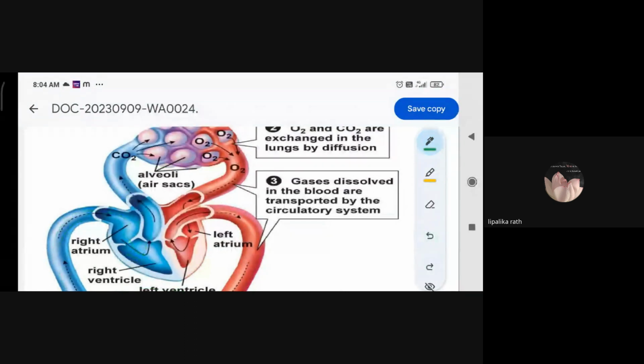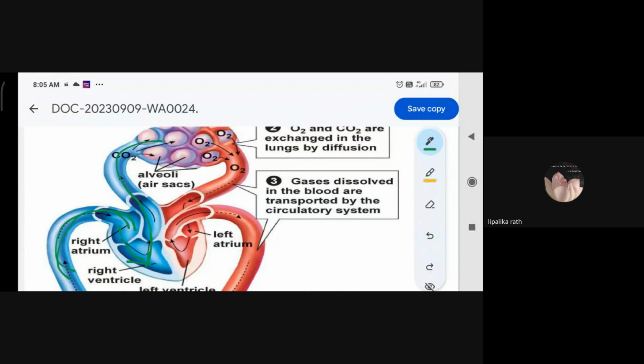Now from the right atrium blood is coming to the right ventricle. From the right ventricle it is going to the lungs through the pulmonary artery.